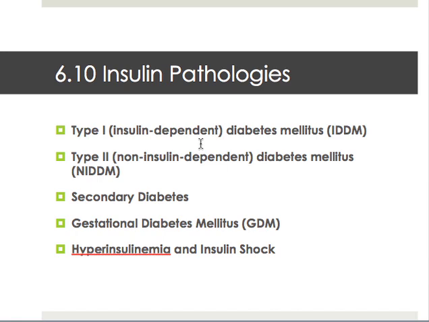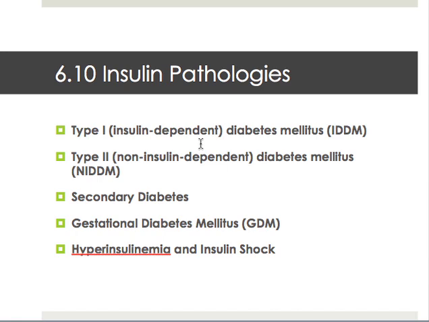Secondary diabetes is a little different. You get overproduction of insulin antagonist hormones, and probably some of the common ones are cortisol and catecholamines like epinephrine, but there are others. Gestational diabetes mellitus, or GDM, is very, very similar to secondary diabetes. Again, it's an overproduction of insulin antagonistic hormones.